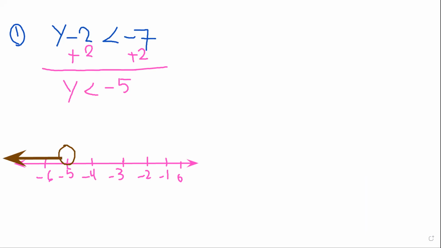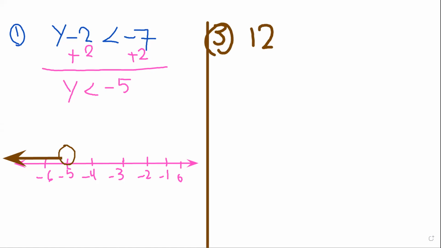Now, let's solve number 3, sorry. In number 3 here, we have 12 greater than or equal c minus 2. Yes, Salsabil, what is the first step you have to do? Add 2.